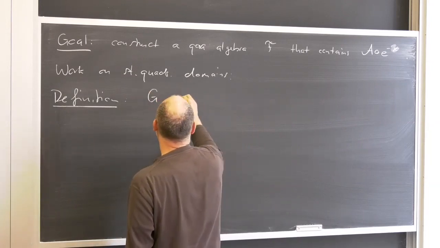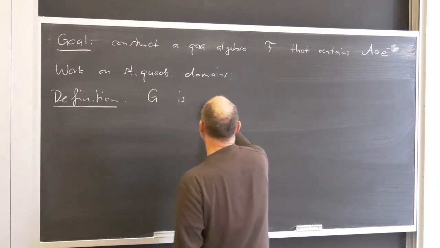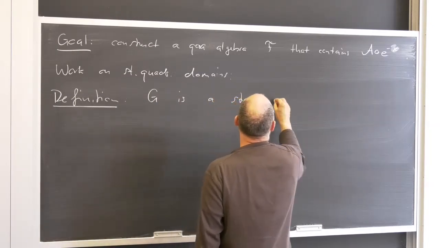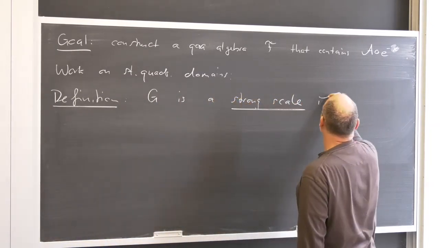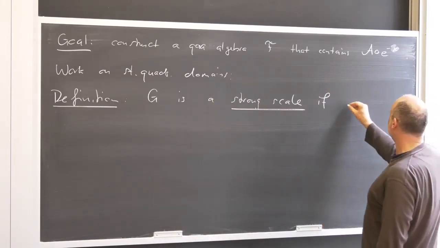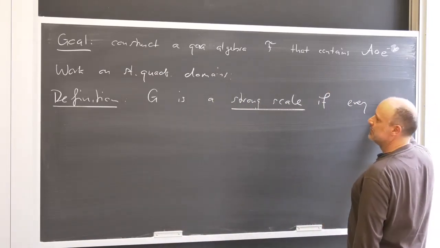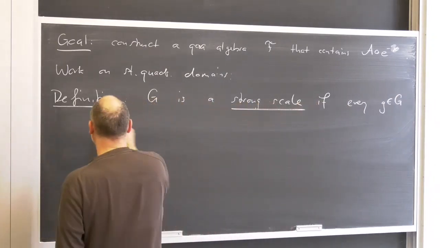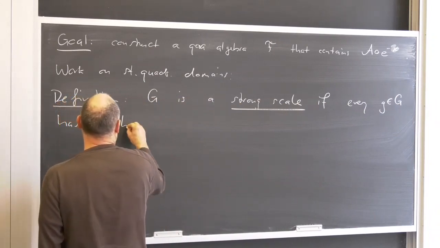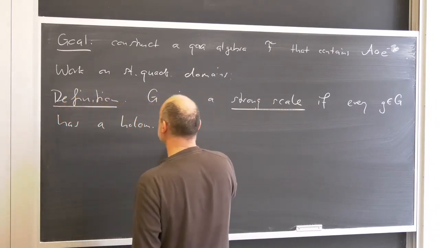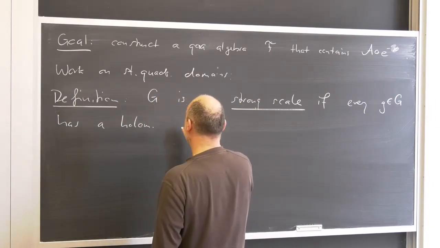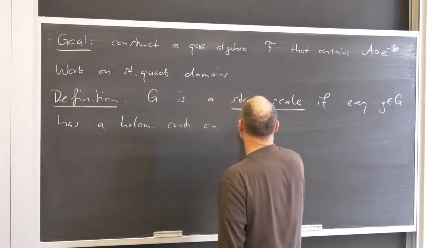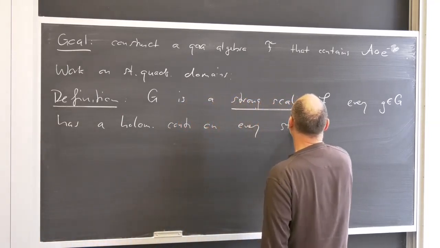So G is a strong scale if every monomial, or element of G, has a holomorphic continuation on every standard quadratic domain.